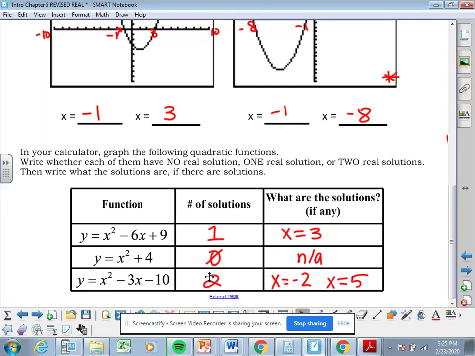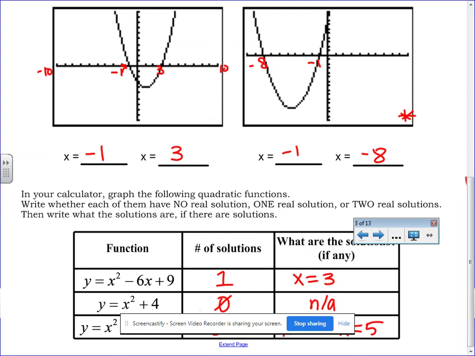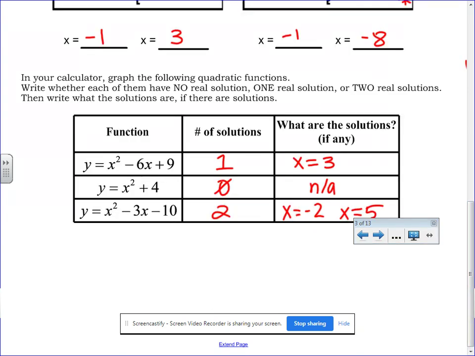And what I would love for you to see here, maybe you do, maybe you don't, and that's okay, is if I just said factor that, you would see what multiplies to -10 and adds to -3. If 10 is negative, then you know one is plus, one is minus.